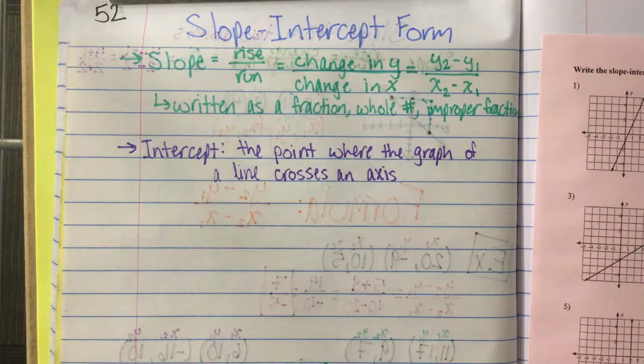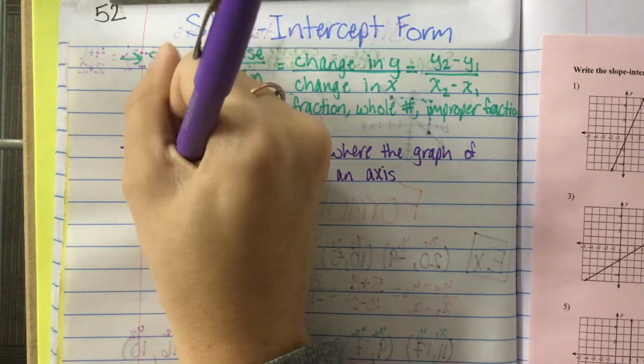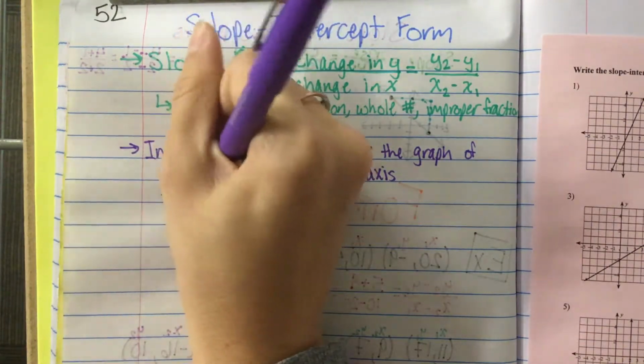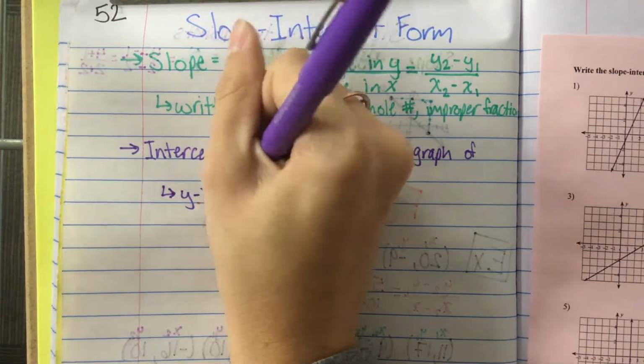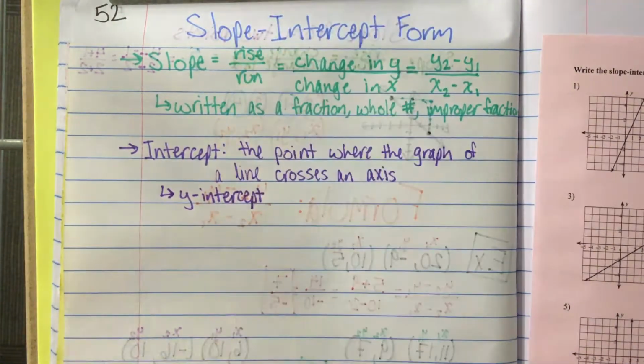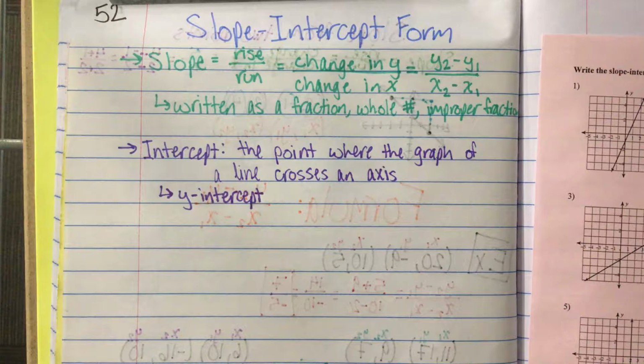And for slope-intercept form, we are always going to be talking about the y-intercept. What do we think y-intercept is? Where the line crosses the y-axis specifically. Because an intercept can be crosses either axis, but for this formula, we only care about where the line crosses the y-axis.